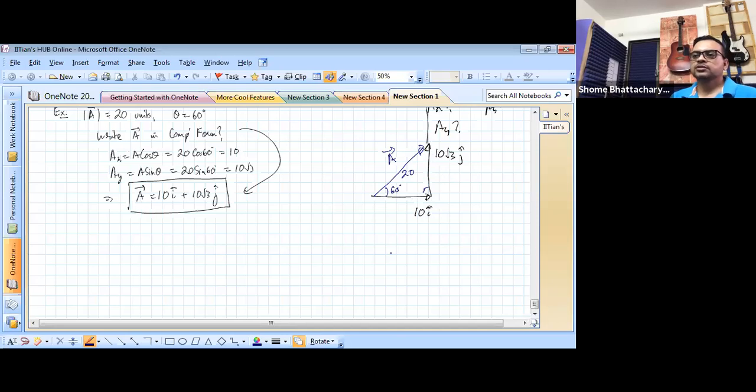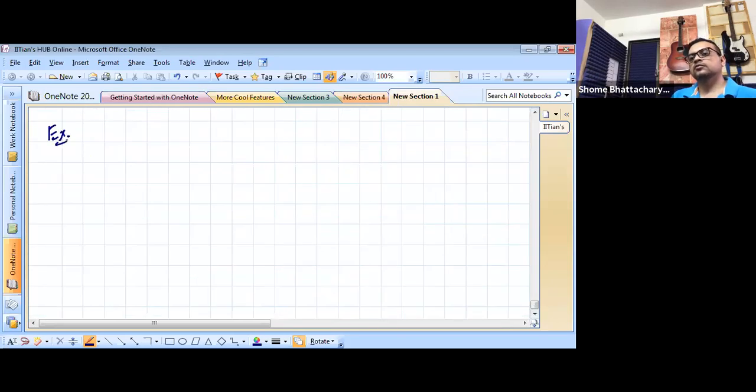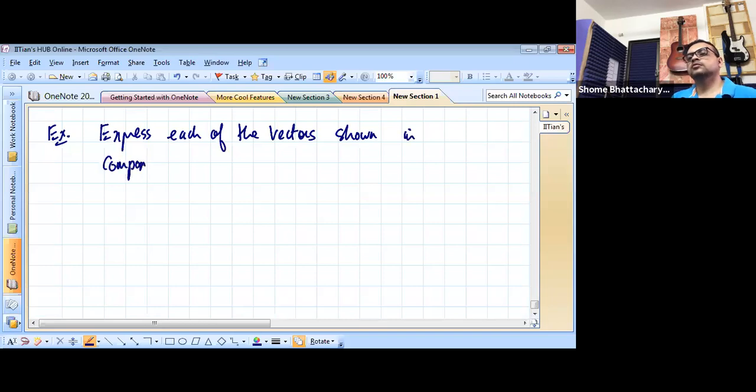Okay. So let's quickly practice this out with a question. For example, express each of the vectors shown in component notation, or sometimes we also call this I cap J cap notation.